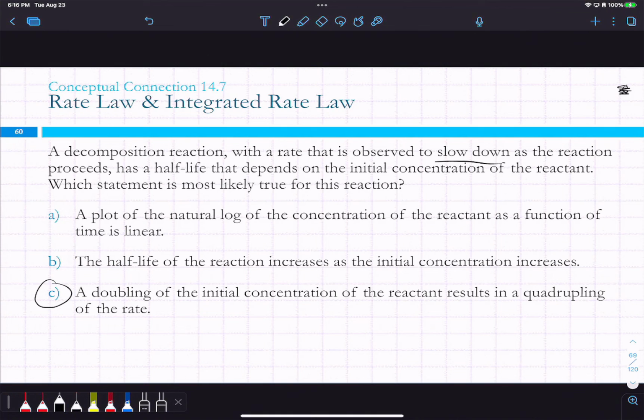Zero order, the reaction rate would remain constant, and the half-life depends on the concentration. So it would be a first order. So then a plot of the natural log of the concentration of the reactants as a function of time would be linear. So if it was a first order reaction, then A would be true. And then if the reaction didn't slow down as it proceeded, and the half-life did depend on the initial concentration, it would be a zero order.